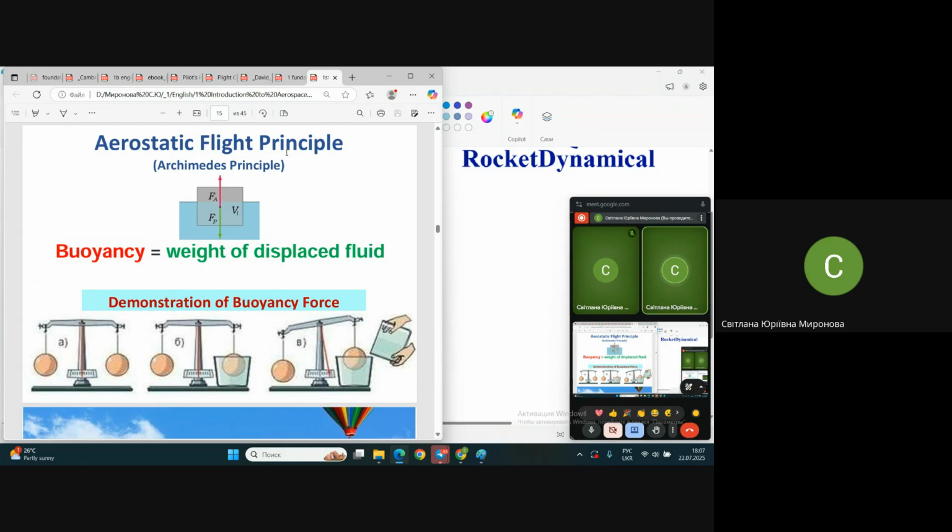And how to increase this buoyancy? What is necessary to do? To make the object as great in size as possible and lighter than the fluid that surrounds it.